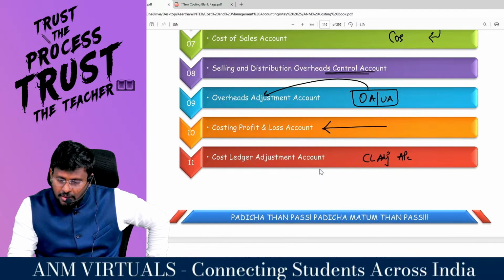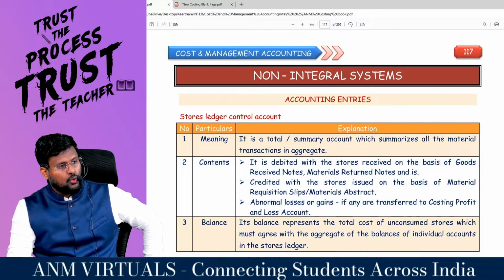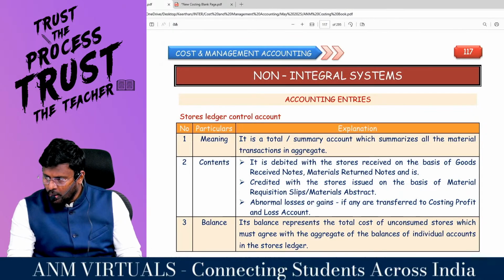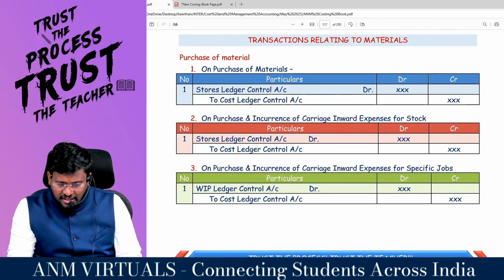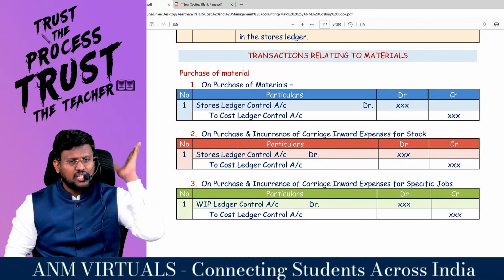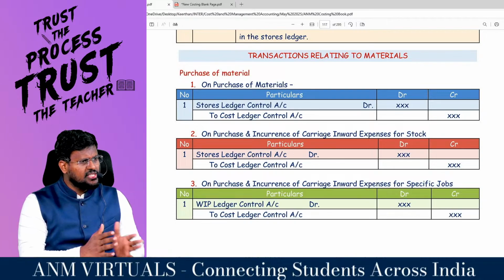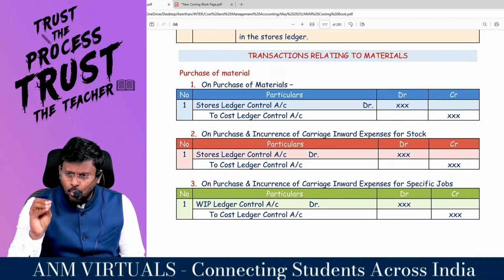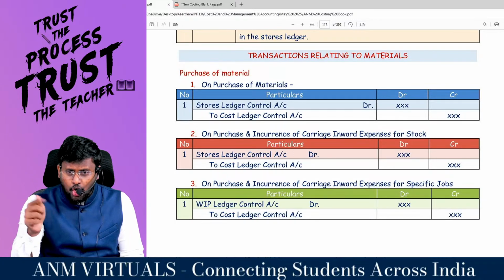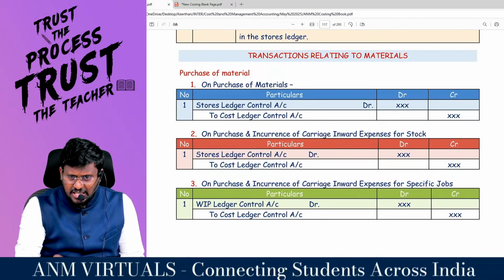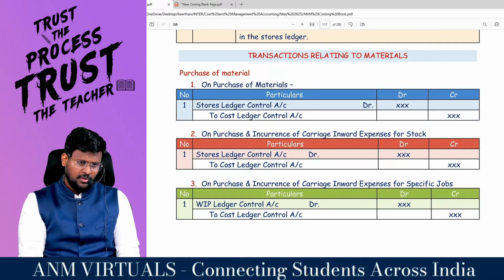According to me, financial accounting is different and cost accounting is different. In financial accounting, I will not record the transaction based upon the costing principle.